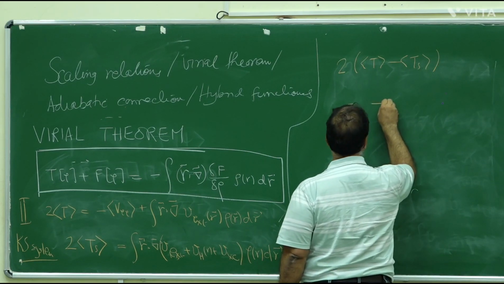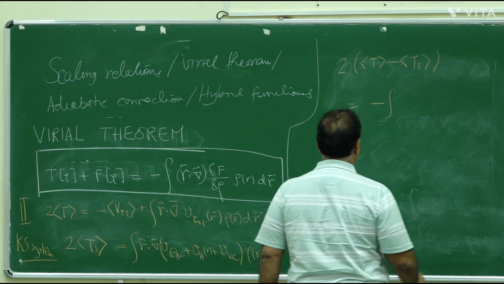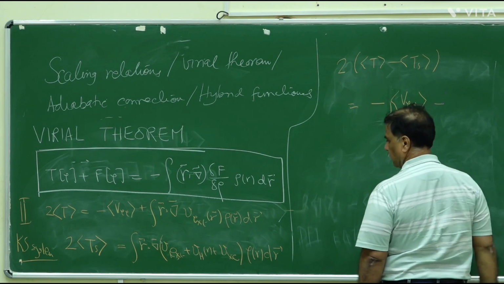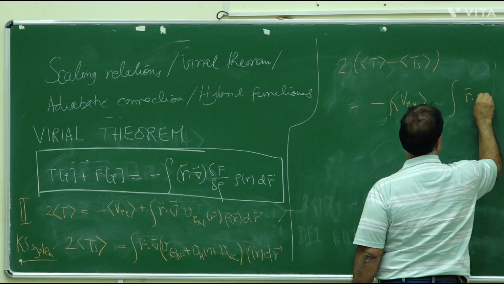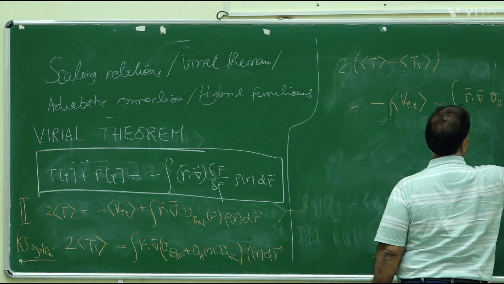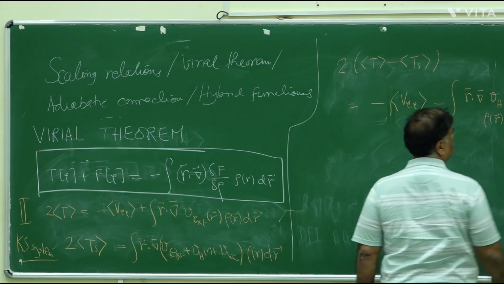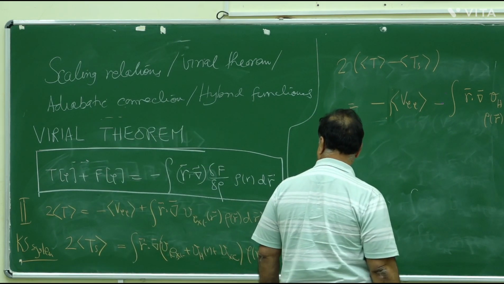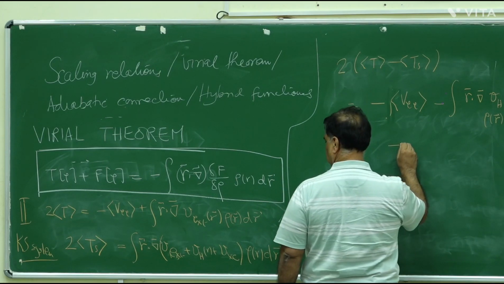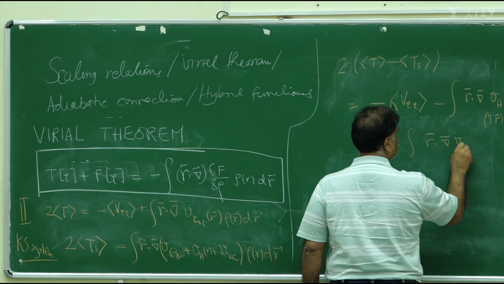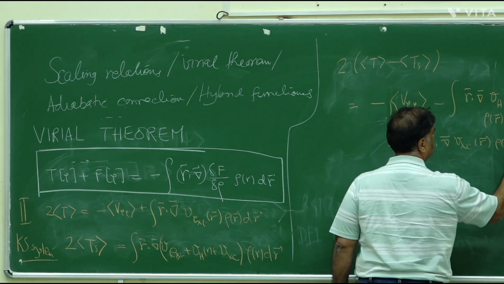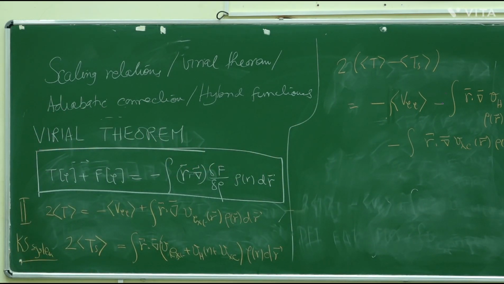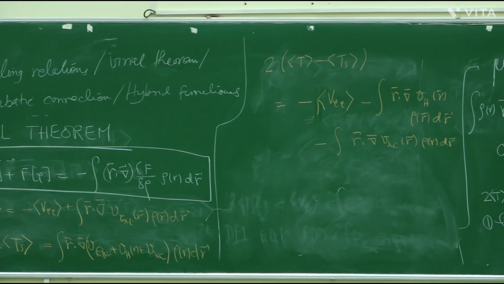And I'm going to get minus V_ee minus integral R dot del V_H rho R dr minus integral R dot del V_XC R rho R dr. Alright? Okay.